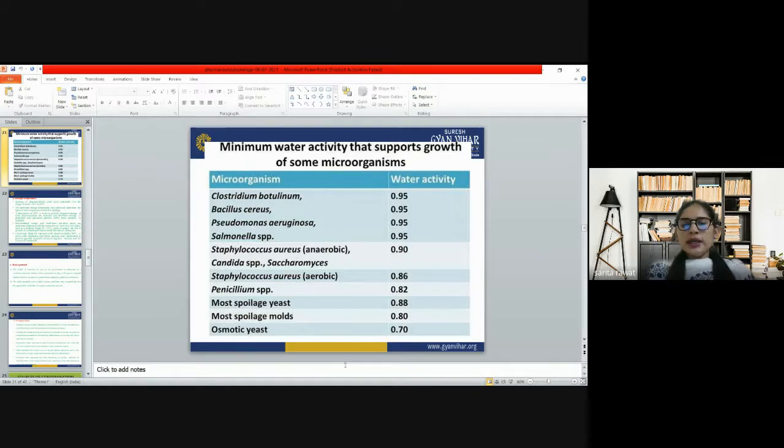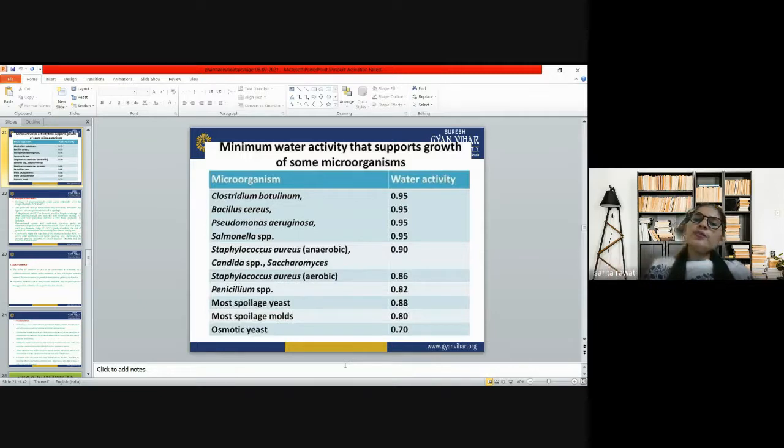Clostridium botulinum 0.95, Bacillus cereus 0.95, Pseudomonas aeruginosa 0.95, Salmonella species 0.95, Candida species and Saccharomyces 0.90, Staphylococcus aureus 0.86, Penicillium species 0.82, most spoilage yeast 0.88, most spoilage mold 0.80, and osmophilic yeast 0.90.